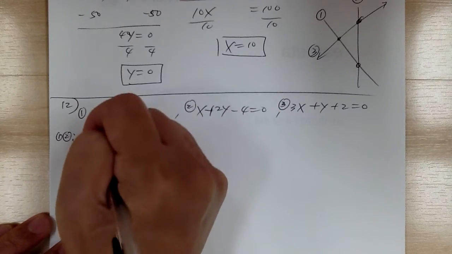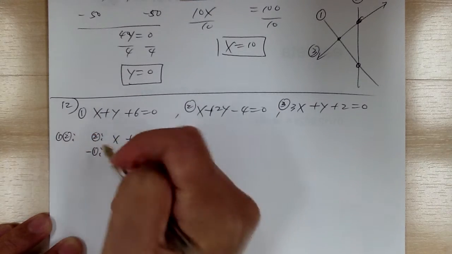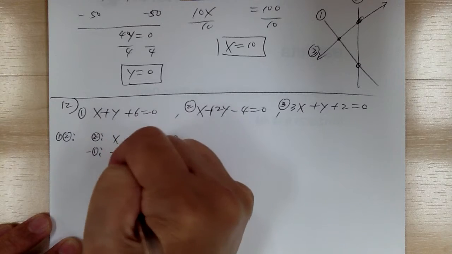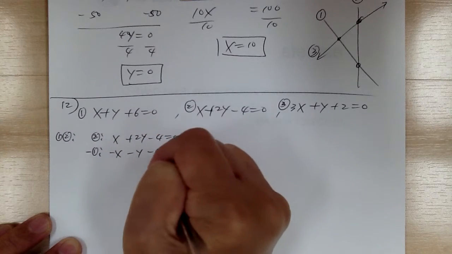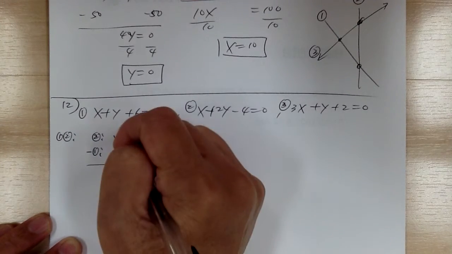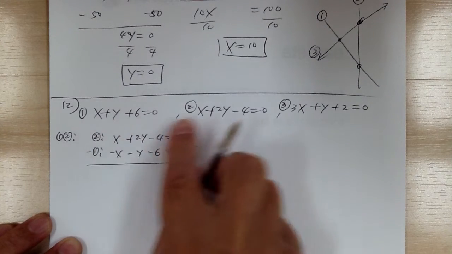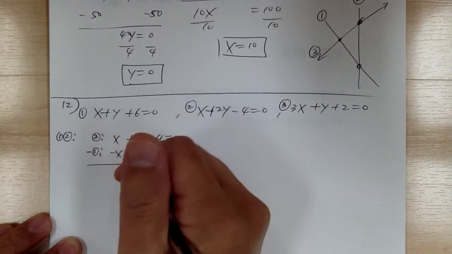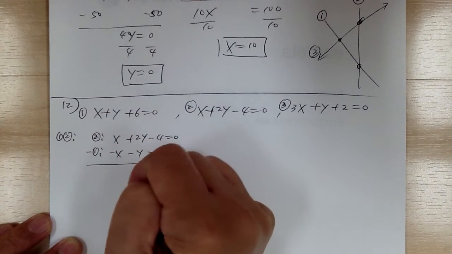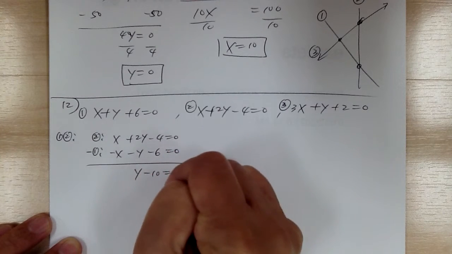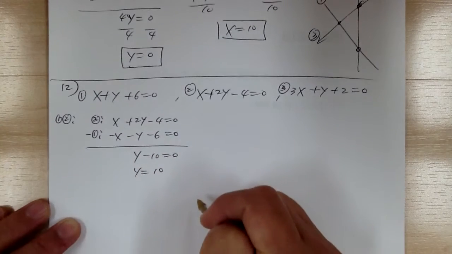And I'm going to use the negative of equation 1. I get negative x minus y minus 6 equal to 0. Again, the reason for the negative is that I want to make them opposite so I can cancel out. So this will cancel out, and I get y minus 10 equal to 0. So y equal to 10.